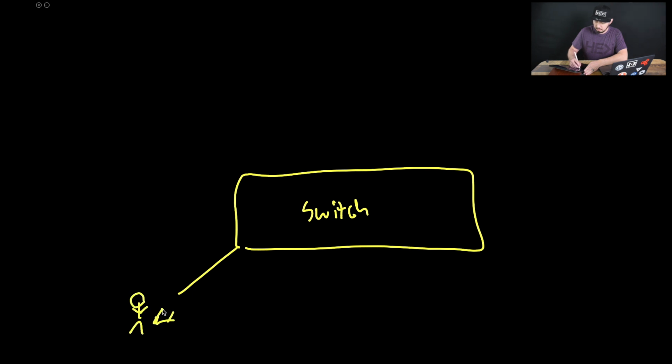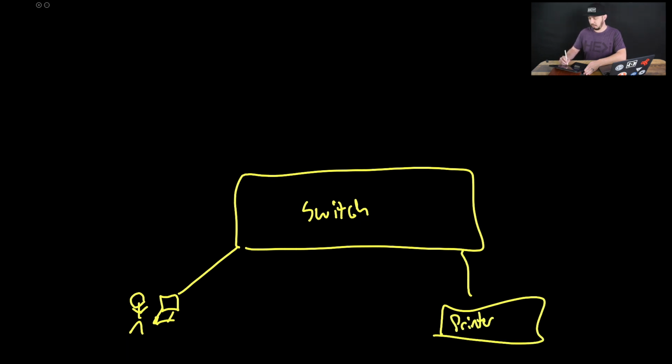And he's on a very poorly drawn laptop, all right? And then over here, maybe we have a printer. We have another printer. Again, I like the printer example, but it could be anything. It could be another server, could be a virtual machine, wireless user, doesn't really matter. The point is we have two things connected to this switch. Physically, they are plugged into this switch in this case.